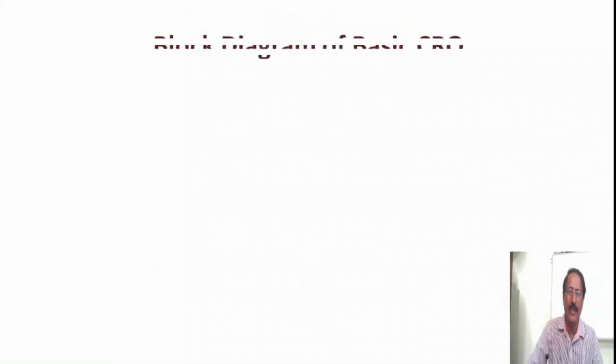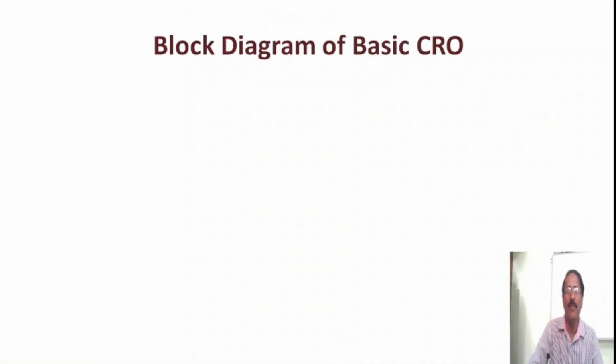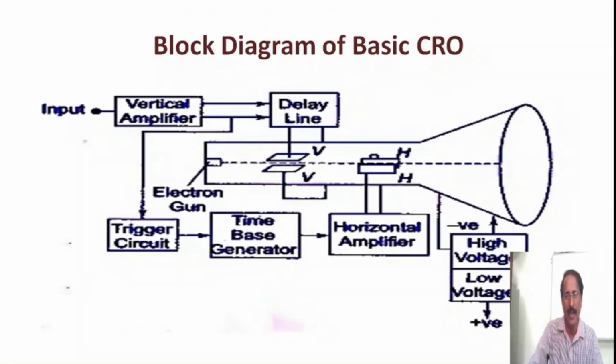Now let us see the block diagram of the basic CRO. Here it displays the circuitry arrangement around the cathode ray tube, which forms the cathode ray oscilloscope. Now we can see the different parts of the basic CRO.